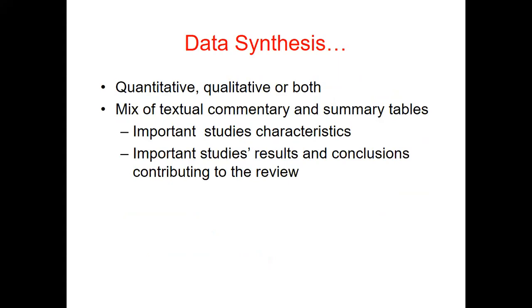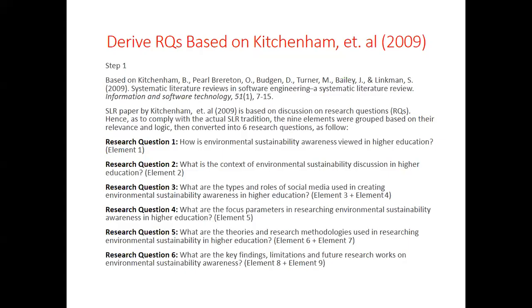Was your data quantitative or qualitative or both? So you have to include some important studies characteristics, important studies results and conclusions, which are contributing to the review. All these information need to be there, okay? All right.